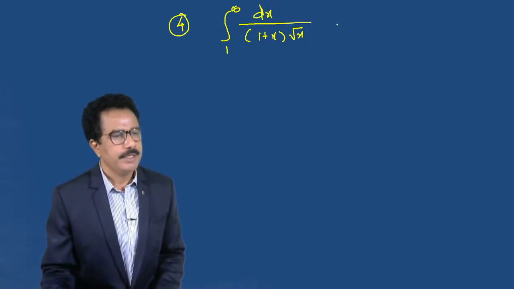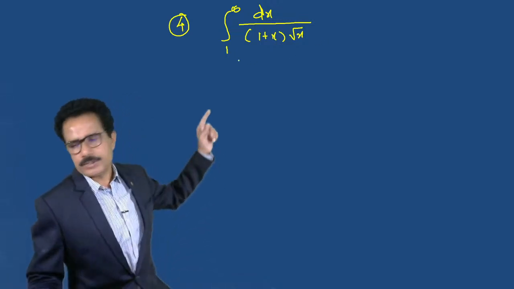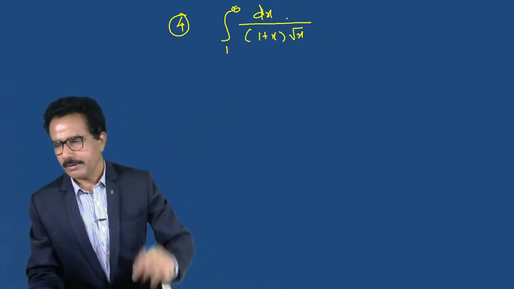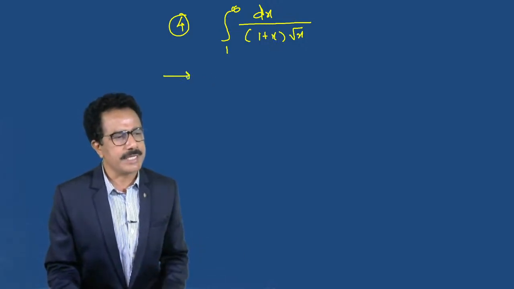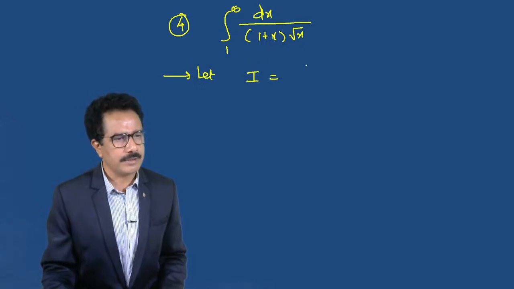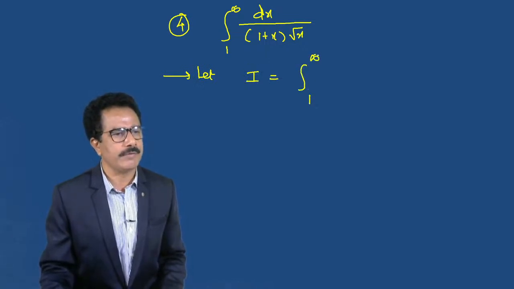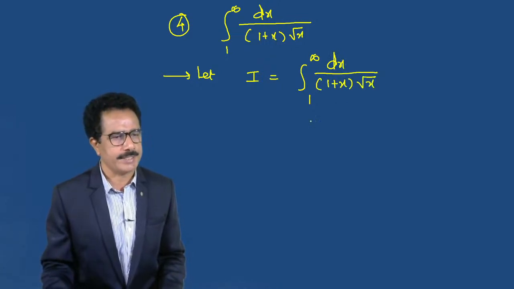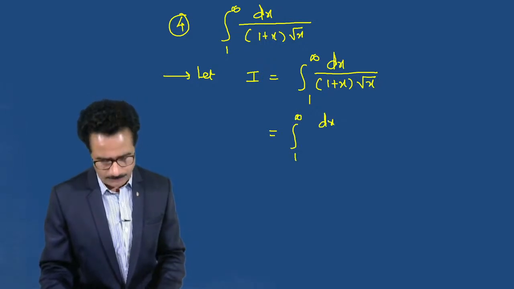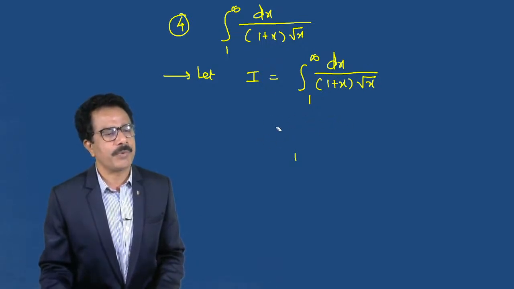Tell me, student, at which end is this integral convergent or divergent, right end or left end? Let I equal the integral from 1 to infinity dx divided by 1 plus x into root x. So the integral from 1 to infinity dx, okay, no problem. This integral is improper, right?